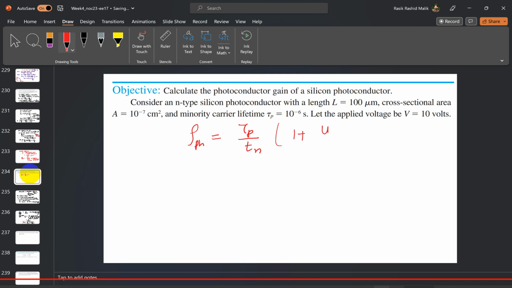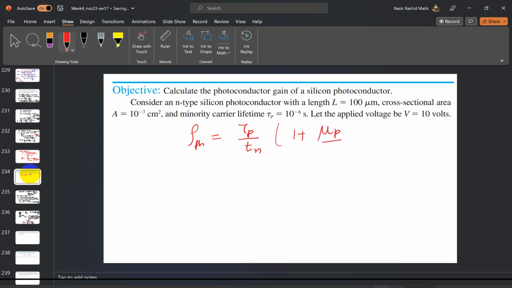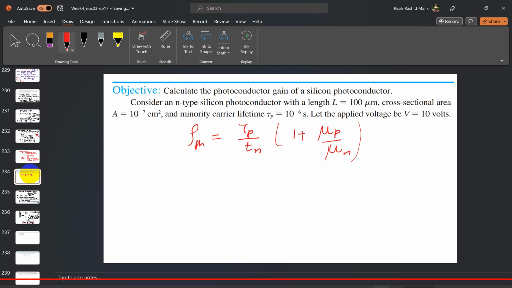Tau p is given, and the mobility values we already know for silicon, for an electron and for a hole.